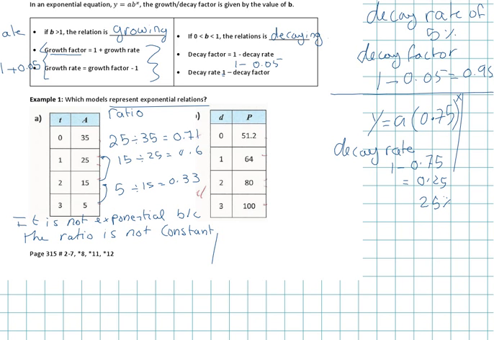Okay, we're going to have to do the same thing for the second table of values. So you're going to take the y values, which in this case is p, and then you're going to divide 64 by 51.2.